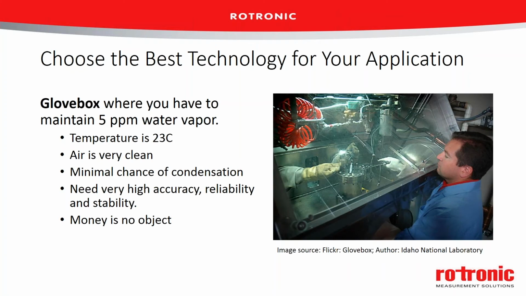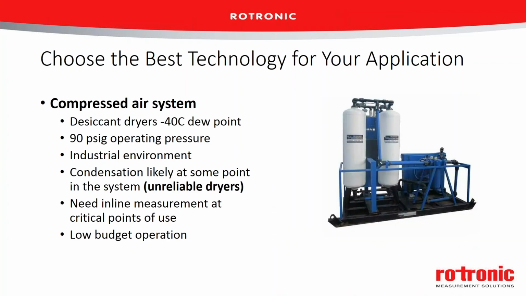After that, we need to take a close look at what the actual accuracy requirement is to choose between the chilled mirror or the capacitive sensor. Given that reliability and stability is paramount, I'd probably be leaning towards a chilled mirror just because they tend to be a little bit more stable over time. And we don't know if there's any type of vapor contamination in here. So a chilled mirror is probably going to be our best bet in this case.